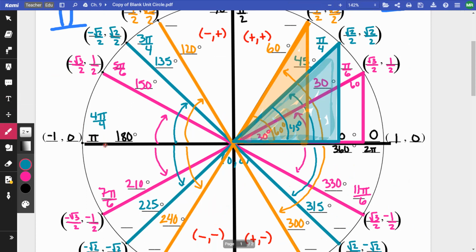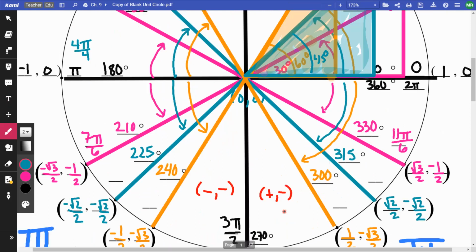And if I'm a pi over 4 beyond 4 pi over 4, which is pi, I'm going to be at 5 pi over 4. Now, 4 pi over 4 plus another 4 pi over 4 is 8 pi over 4. So that means this one here, which is short of this by a pi over 4, is going to be 7 pi over 4.